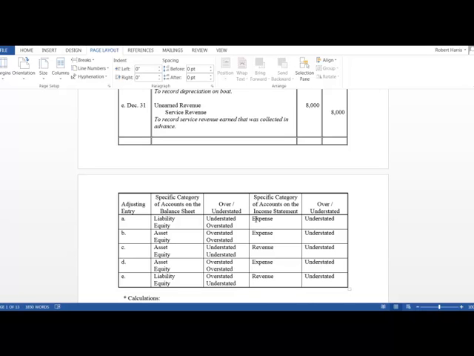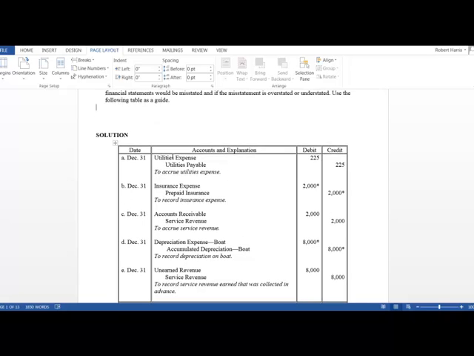Revenues increase equity and expenses decrease it. So this problem kind of forces you to maybe overthink it a little bit, perhaps, but just think, if we didn't record that entry, we would have neglected to record an expense that we incurred, and we would have forgotten to record a liability that we should have.